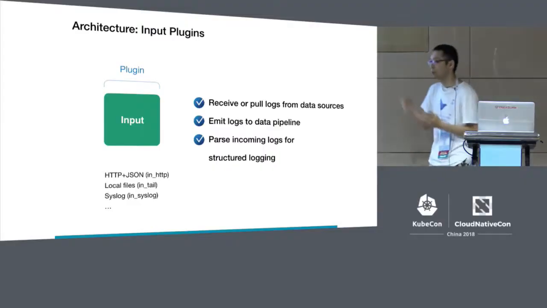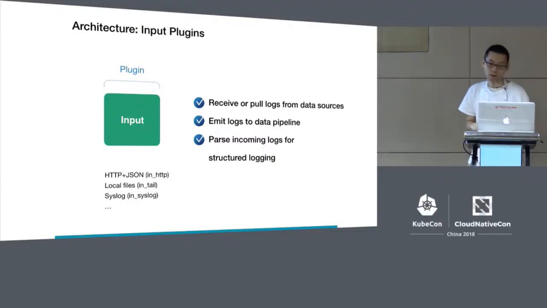So the input plugin converts the raw string into Fluentd's event structure. As a result, the filter plugin and output plugin can easily mutate or convert the event to the data destination format.